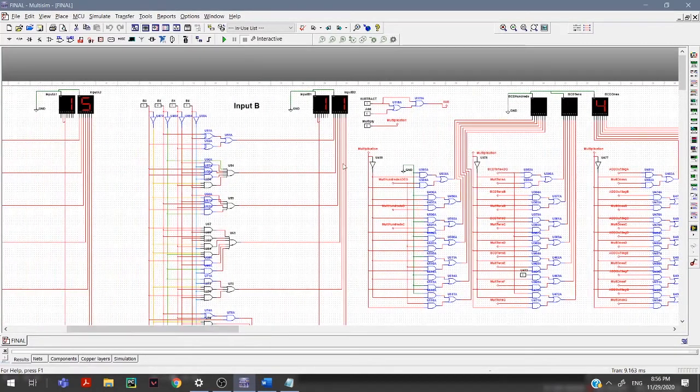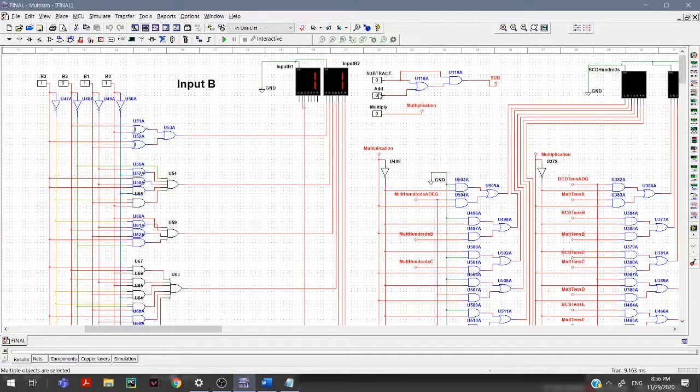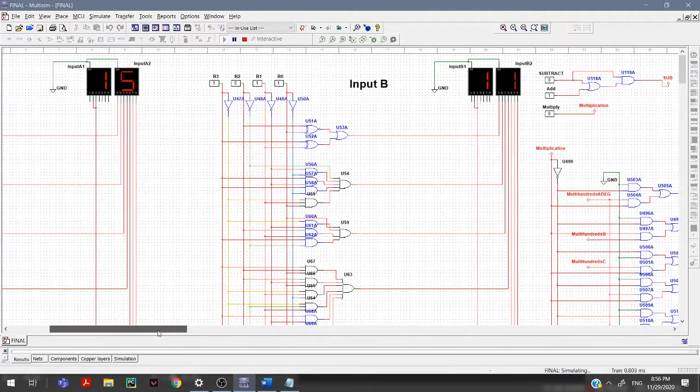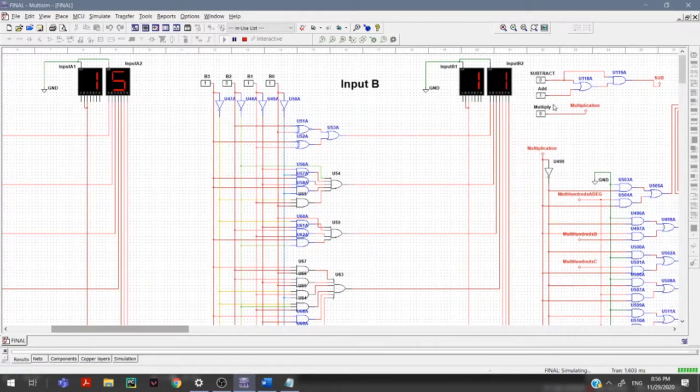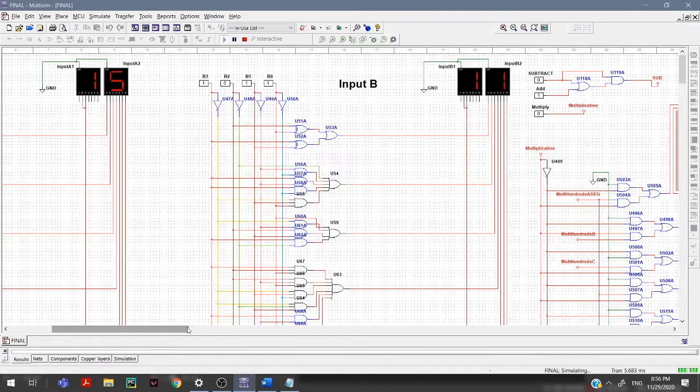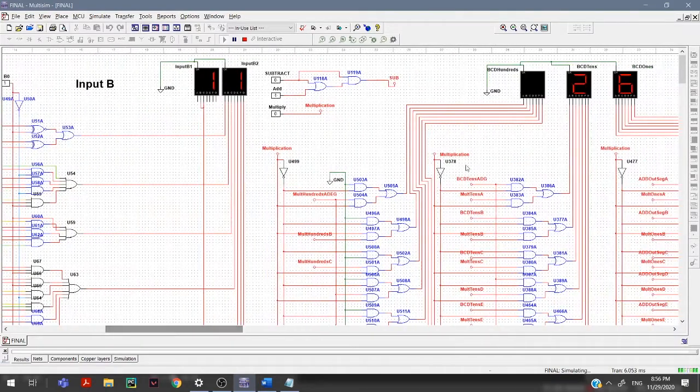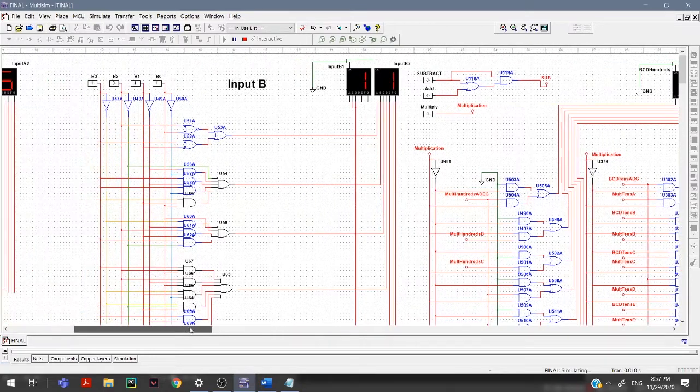Okay, let's turn on add first. It's loading. We have an input of 15 and 11. Since we turned on add, the output should be 26. Yes, the output is now 26. If we turn on subtract, the output should be 4.